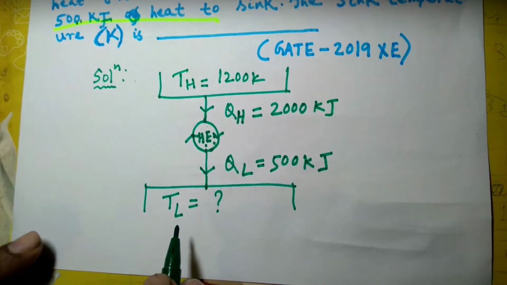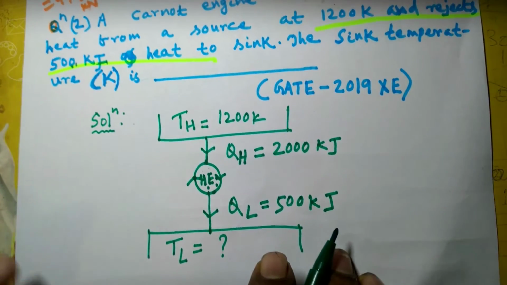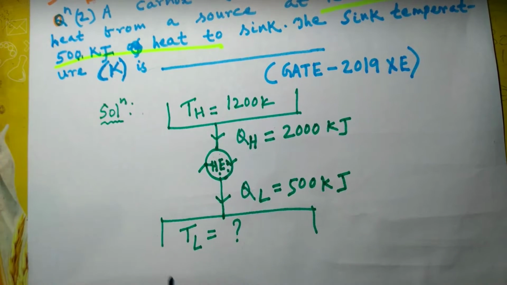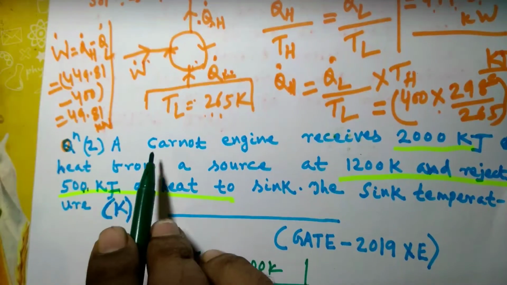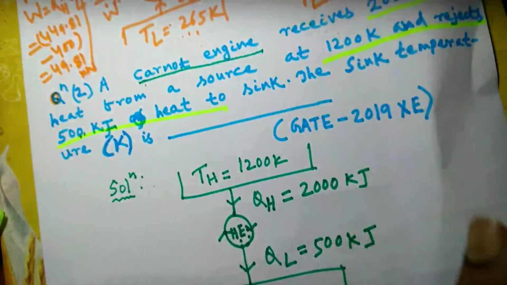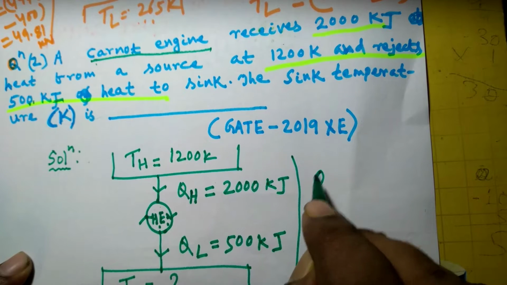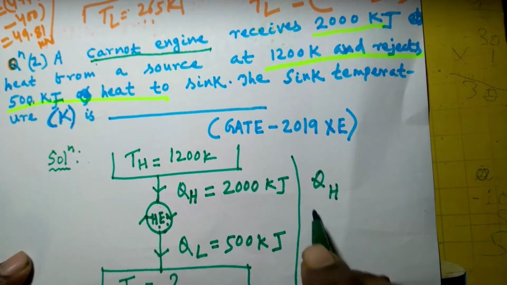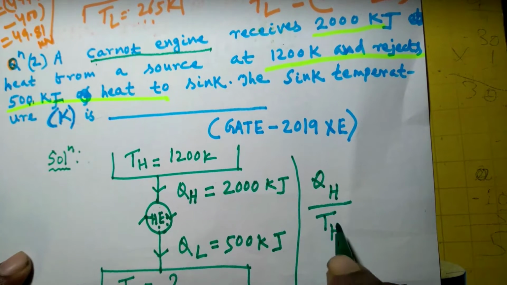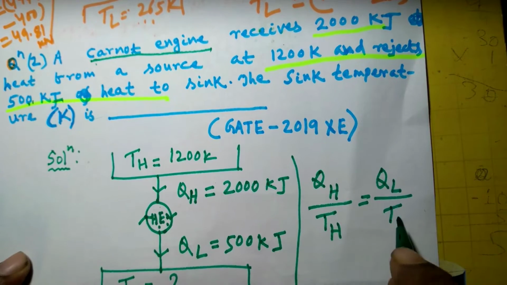What is required to be found out is TL. You see, for a reversible engine or Carnot engine, we know that this relationship is applicable: QH upon TH is equal to QL upon TL, according to the thermodynamic temperature scale.